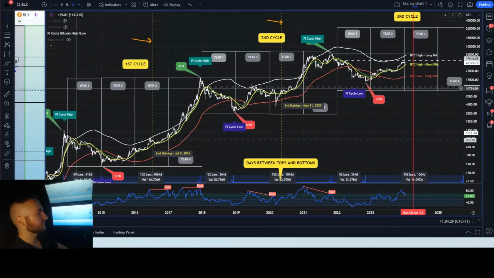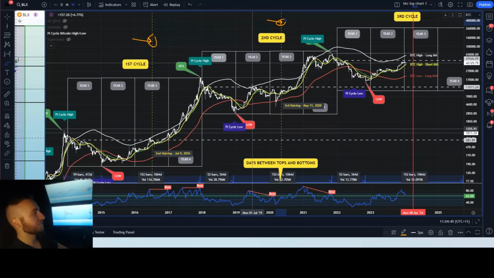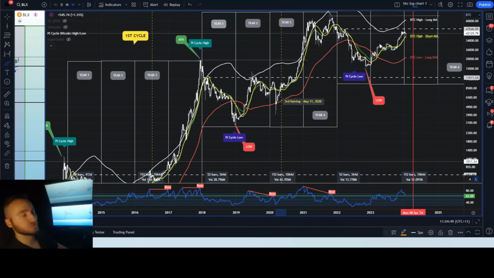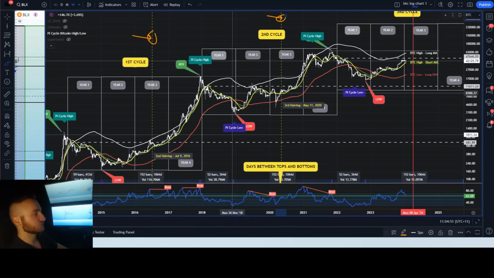There it is. According to the Pi Cycle indicator, when we go past the halving event, we generally remain at or above our yellow and green moving averages, which are our Bitcoin high short and Bitcoin low short moving averages. These are the levels we remain above.